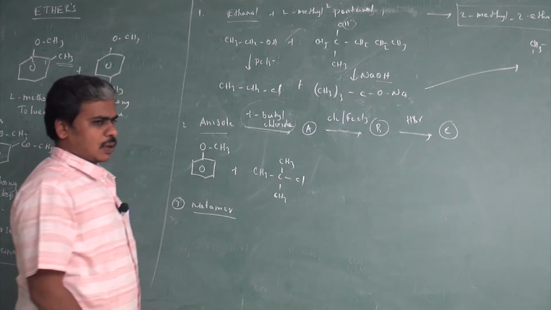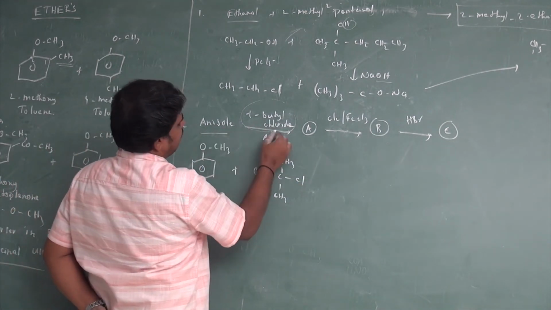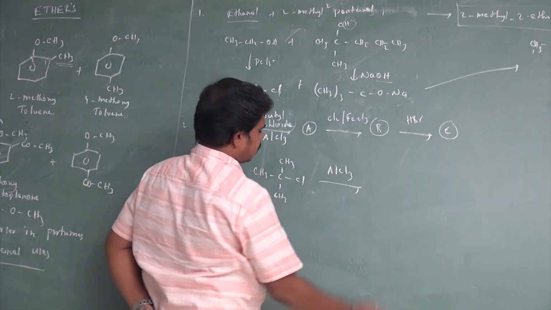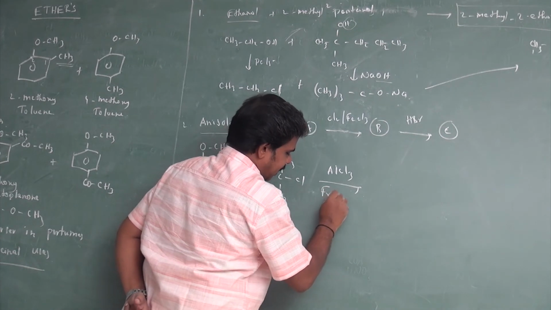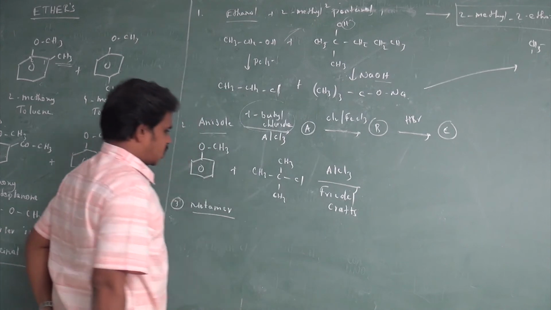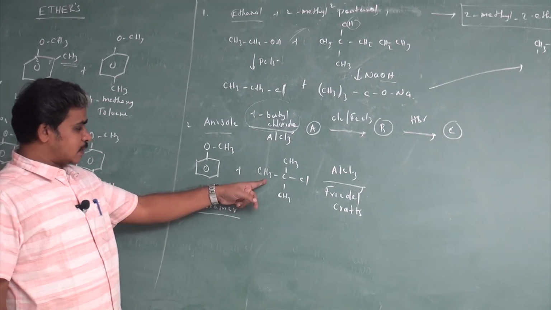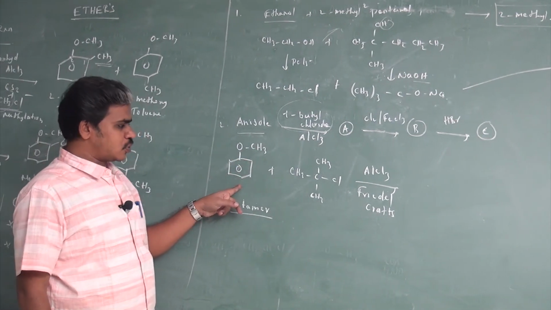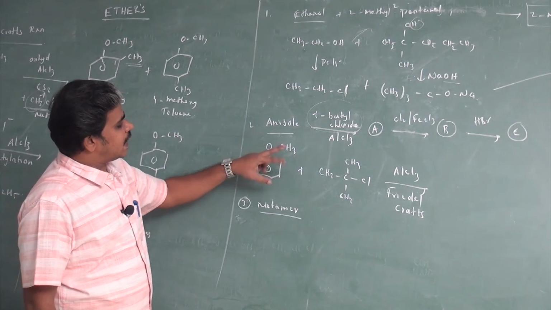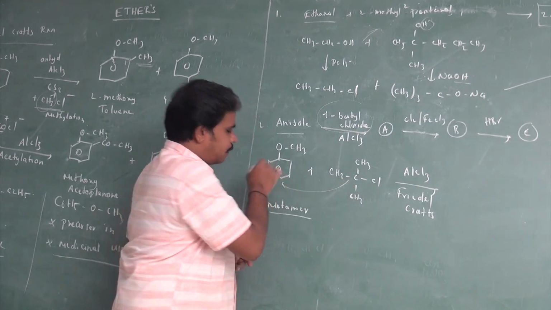Now, tertiary butyl chloride in presence of anhydrous AlCl3 is nothing but a Friedel-Crafts reaction. It is an electrophilic substitution reaction. Electrophilic substitution occurs at ortho and para positions, and it is a bulkier group, so at ortho there is steric hindrance. So it will attack only the para position.